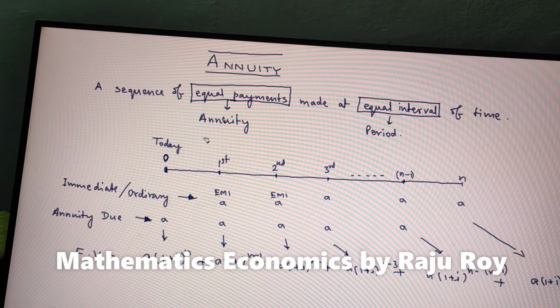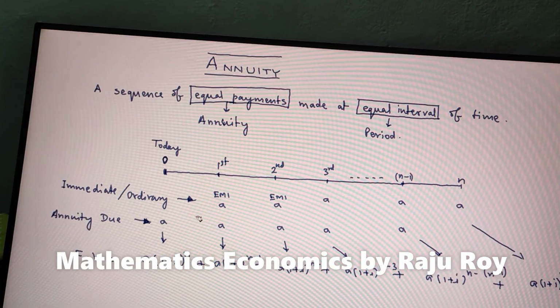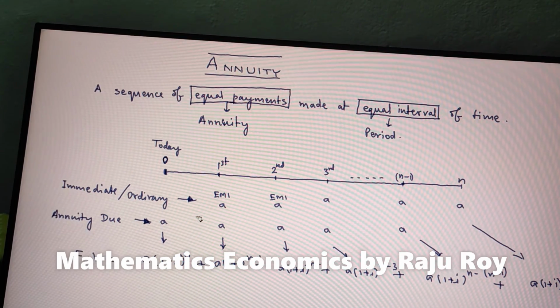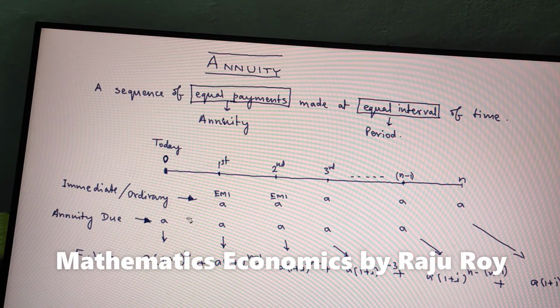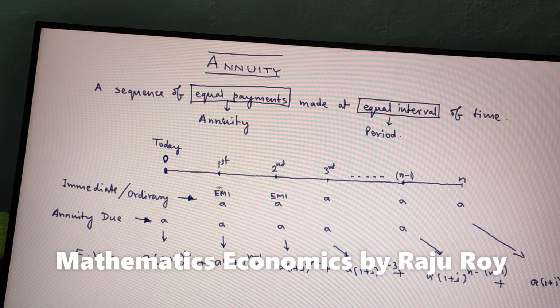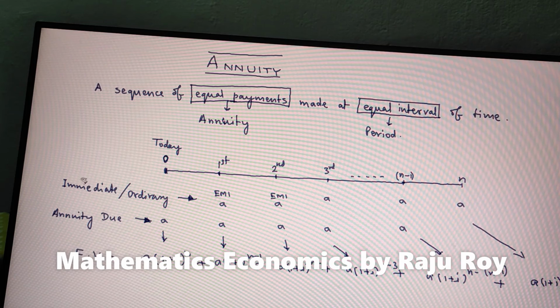Other types are also there. This depends on your mode of payment, whether you are paying at the beginning of the year or at the end of the year. Here you pay this EMI at the end of the first year, and this EMI at the beginning of the first year. So this is the annuity due, and this is the immediate or ordinary annuity.